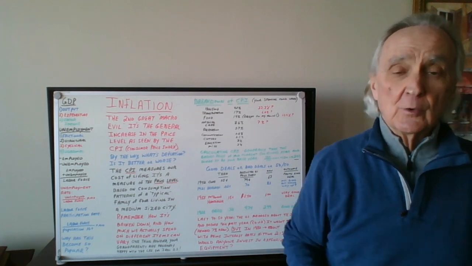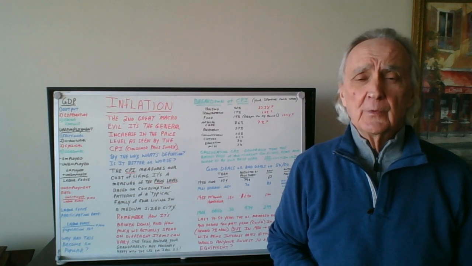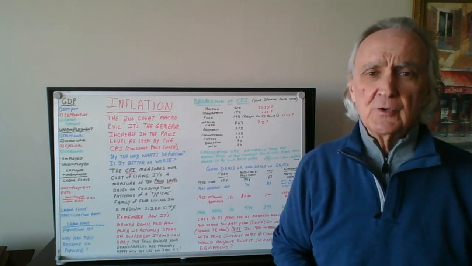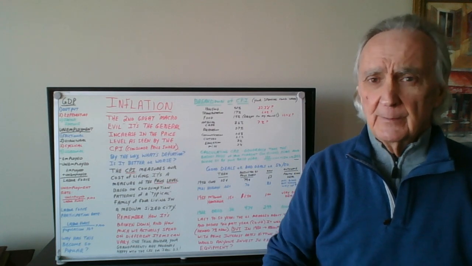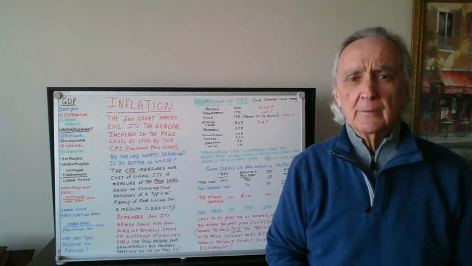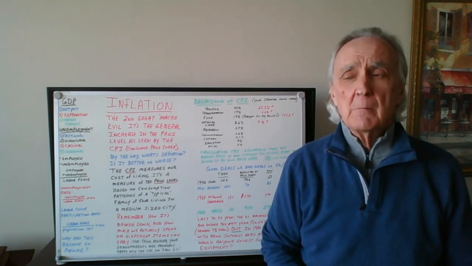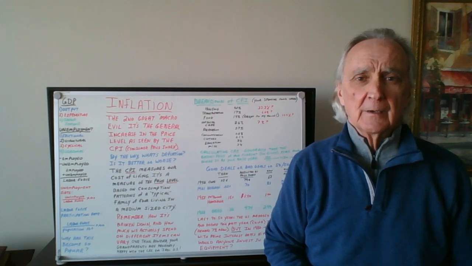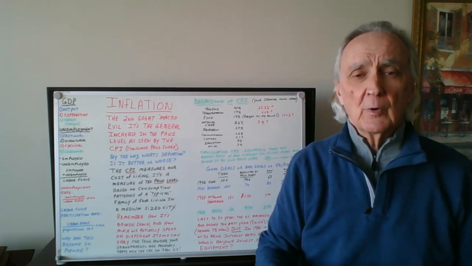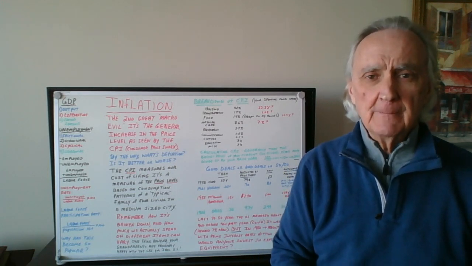Now your grandparents are probably really happy with the consumer price index because of what happened last month in January. They got the largest increase in quite a few years in Social Security. So they're probably not unhappy. They're probably happy with the fact that the consumer price index adjusted their Social Security.